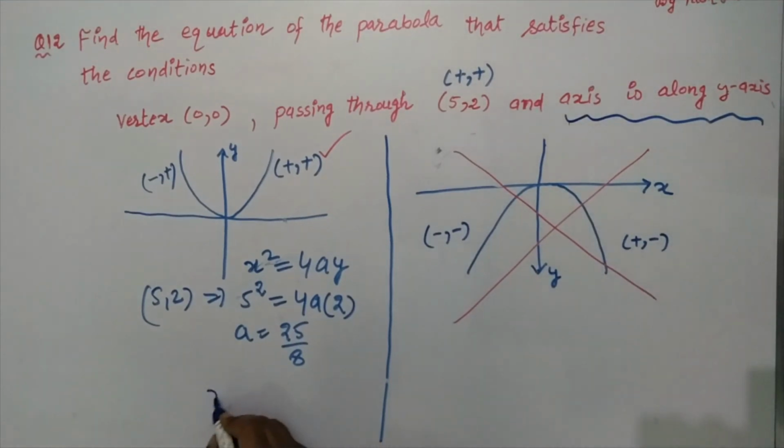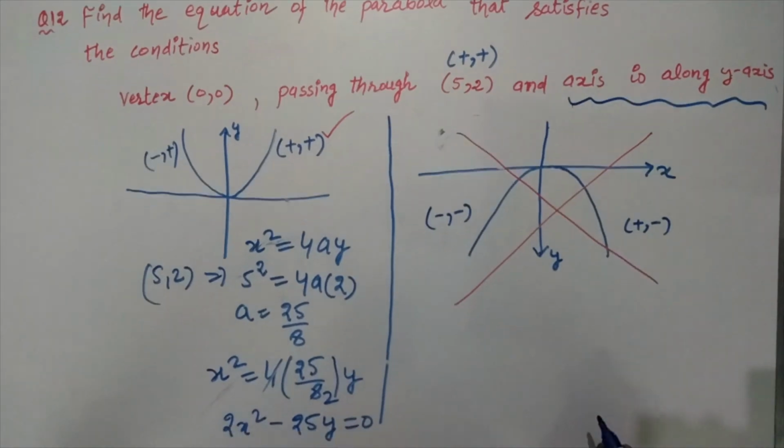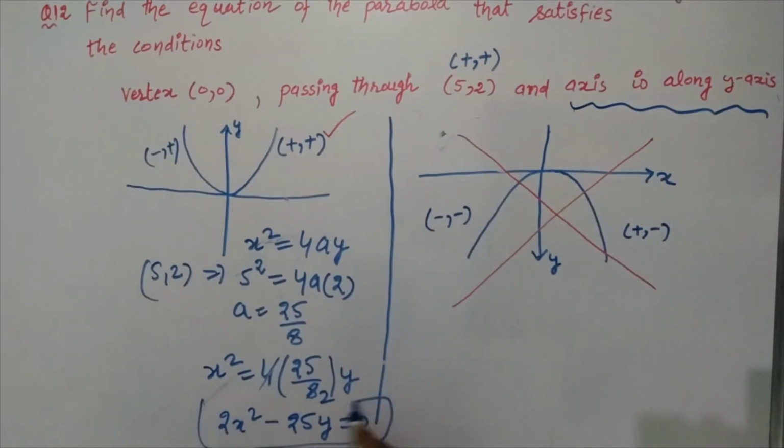Now we can substitute the value of a here. So this equation becomes x square is equal to 4 into 25 upon 8 into y. 4 2s are 8, so 2x square minus 25y is equal to 0 is the required equation of the parabola. That's all about the parabola.